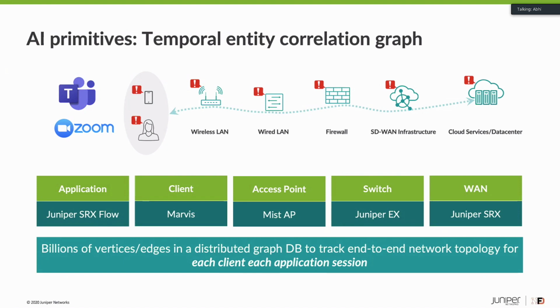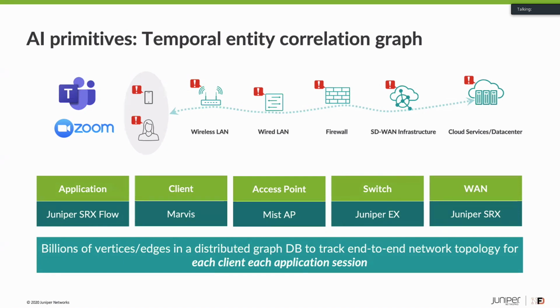One, your particular Zoom or Teams call goes from an application on your phone or your computer, through wireless, hitting the AP, hitting the wired network, hitting the firewall, and eventually getting out to wherever your data center is. All of that has multiple aspects to each of them.